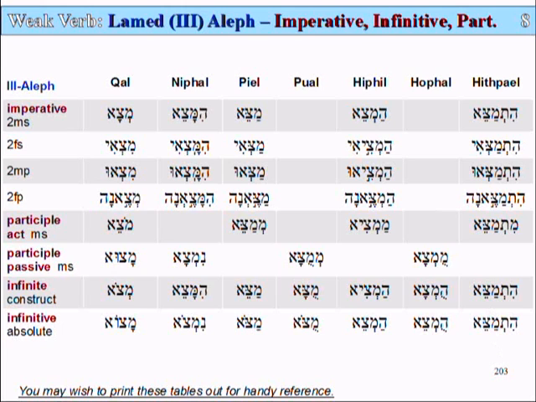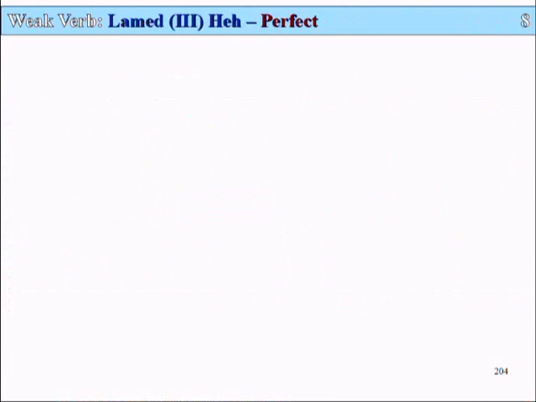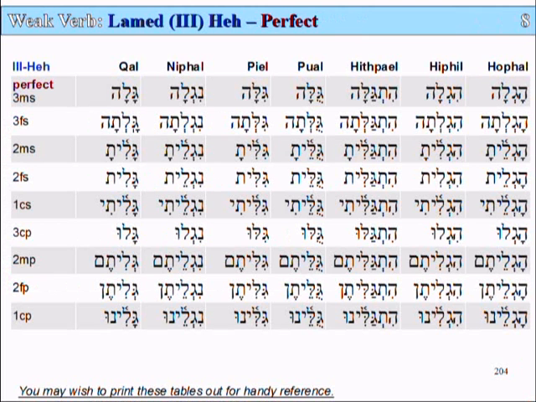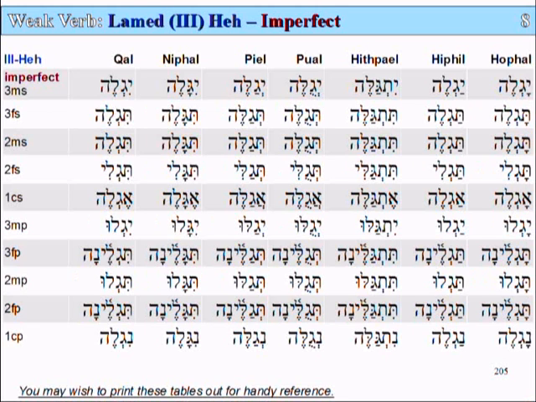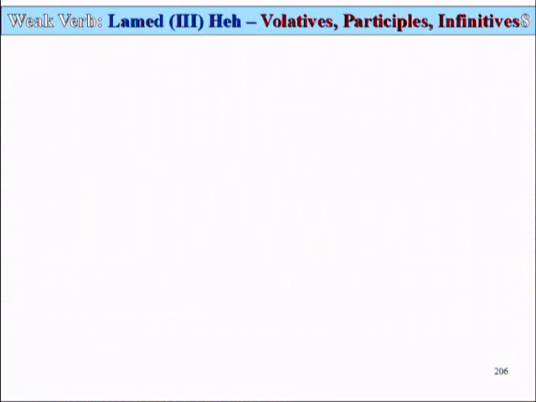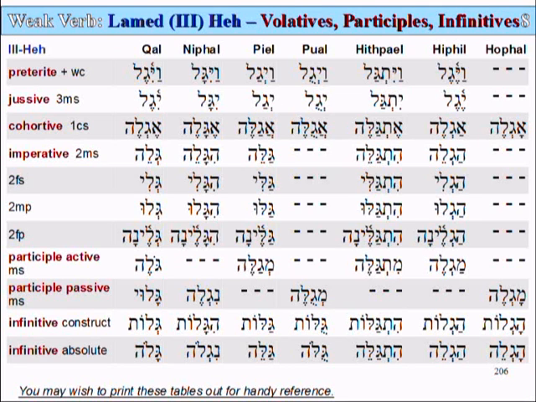So let's continue on slide 204, the lamed, or the third hey, the lamed hey perfect, and the lamed hey imperfect on slide 205, and the lamed hey volitives, participles, infinitives, and so forth on slide 206.